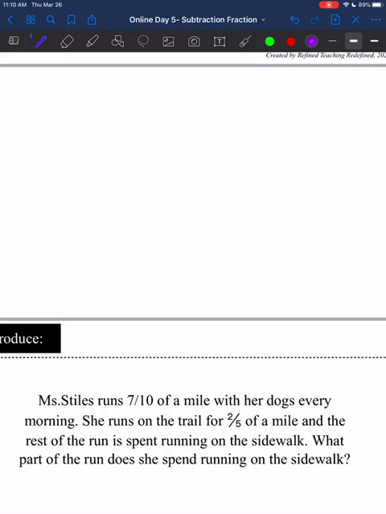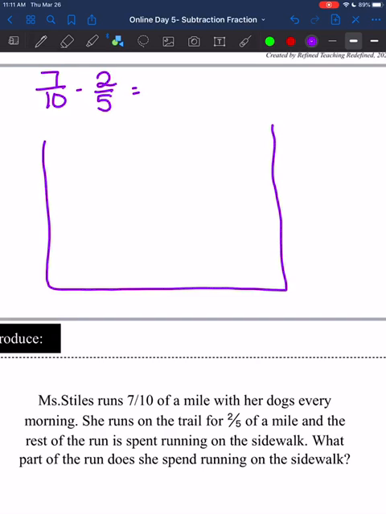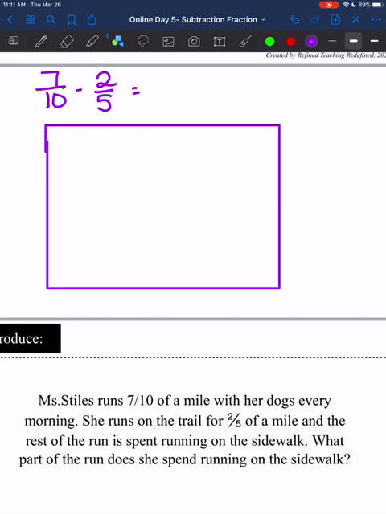So in this case, I am looking at her whole amount, which is the 7/10 of a mile, minus the 2/5 that she spends running on the trail to equal how much she runs on the sidewalk. So, like before, I am going to draw my box. I'm going to partition it into tenths.